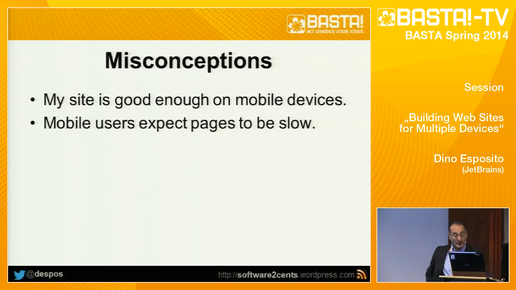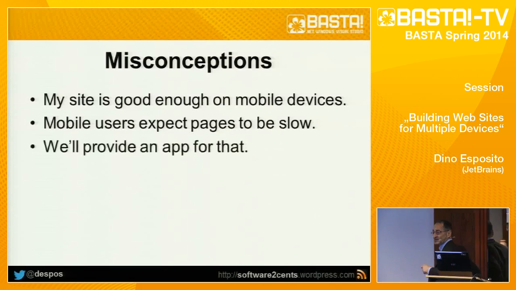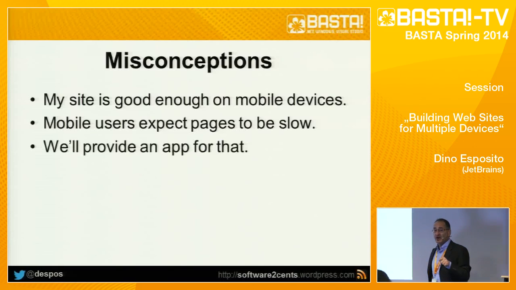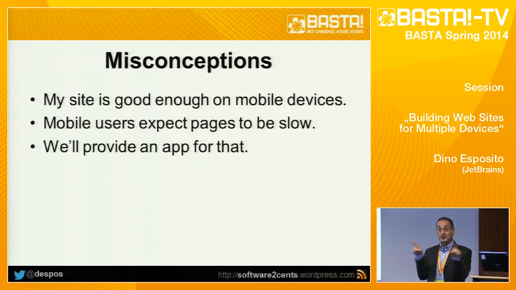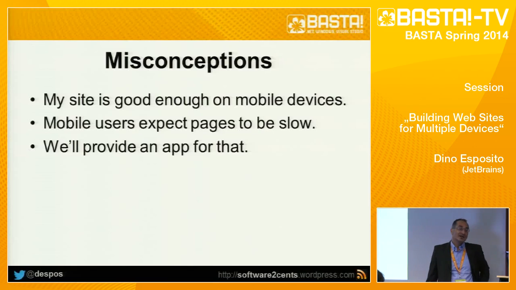So it's really important that we try to address usability and performance, because the two things on mobile devices go together. Oh, don't worry. We provide an app for that.